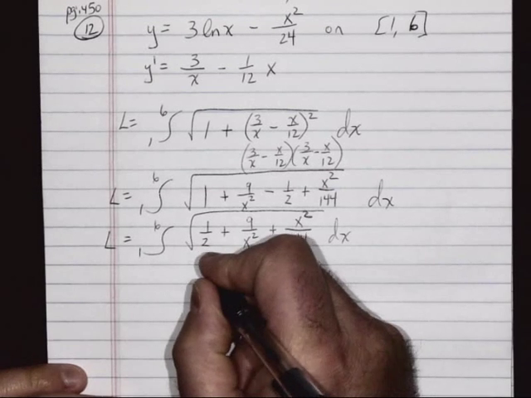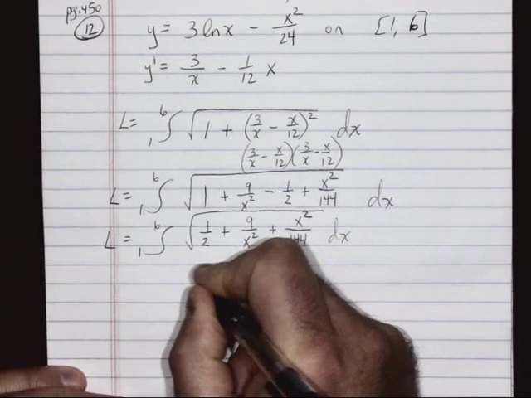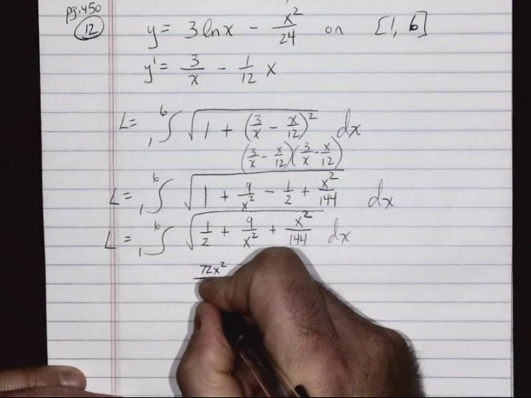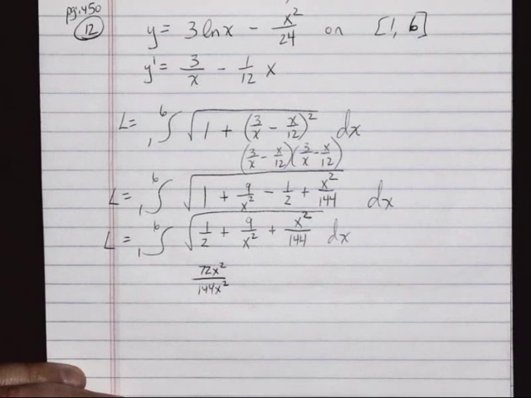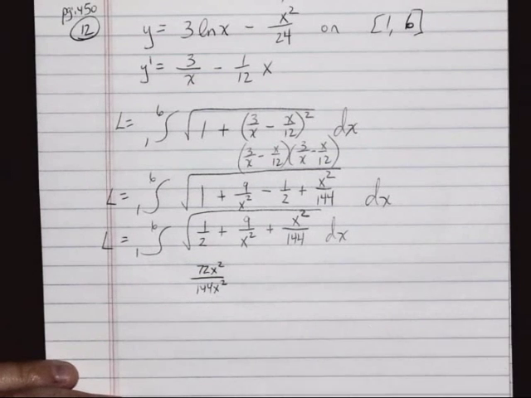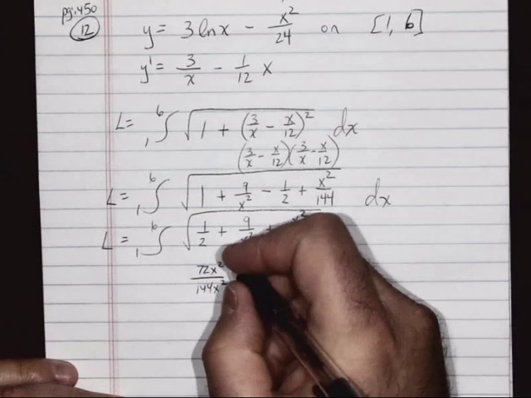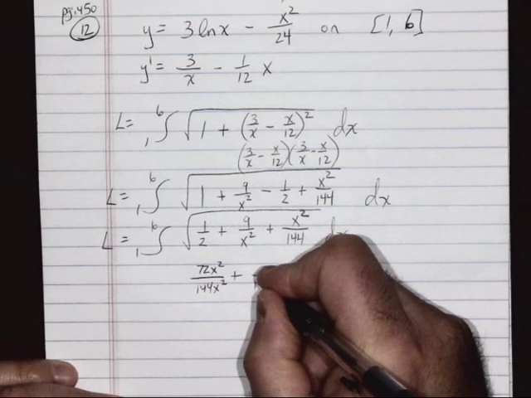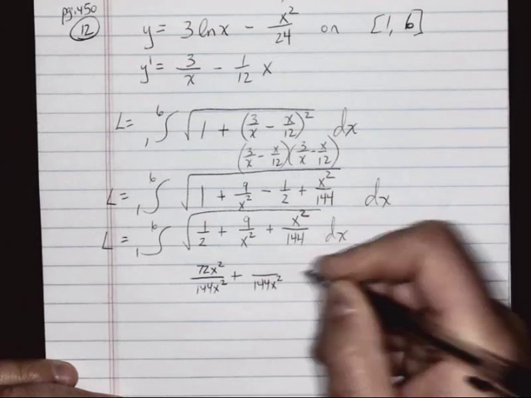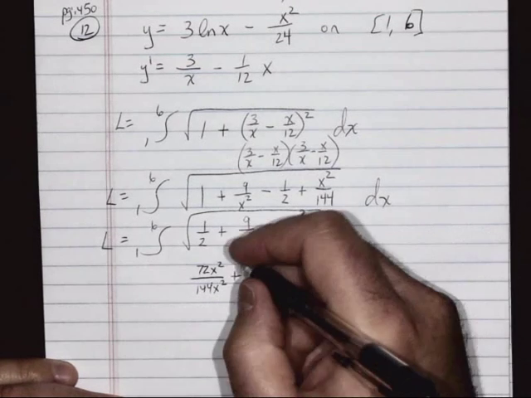So if I rewrite this so that they all have a common denominator, right, I multiplied this top and bottom by 72x squared. I multiplied the top and bottom here by 144.